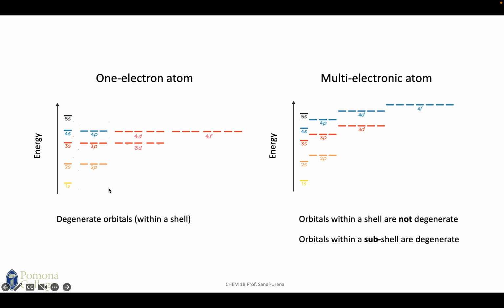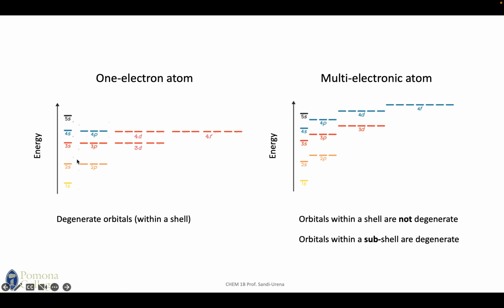And we have commented that the orbitals for a given shell, for a given n value, principal quantum number, are degenerate. That means they have the same energy. For instance, 2s and 2p have the same energy. We have a different value for L: L equals 0 for 2s and L equals 1 for 2p. But they have the same energy.